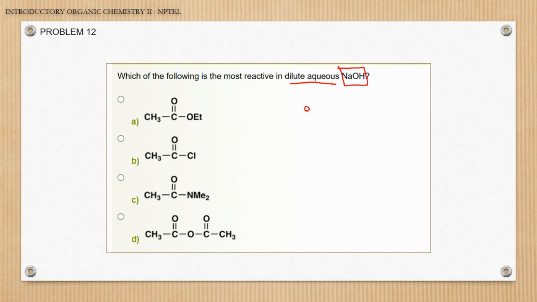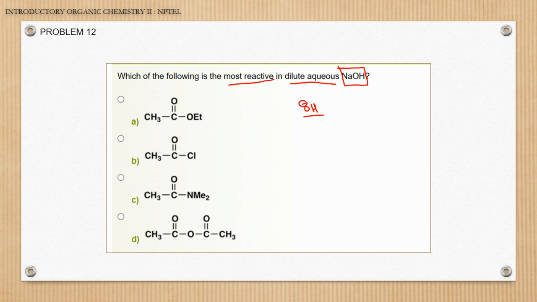Sodium hydroxide being a nucleophile, right? So if it is a nucleophile, then tell me which is most reactive towards this nucleophile. Can anyone tell me? Acid chloride. Yeah, acid chloride.